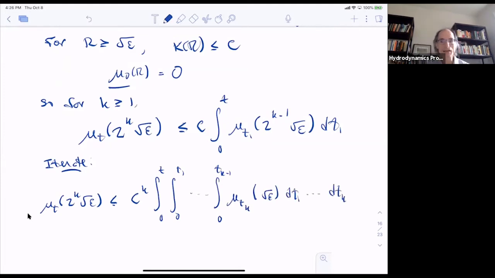Okay, and then this mu again is the vorticity outside a certain region, and I think I divided by the total vorticity.